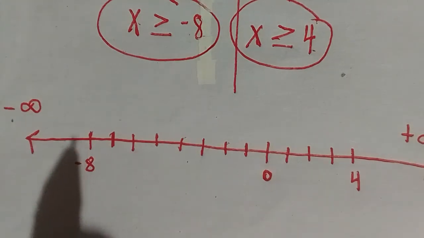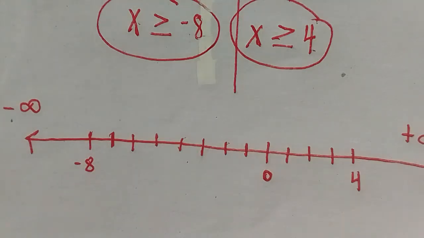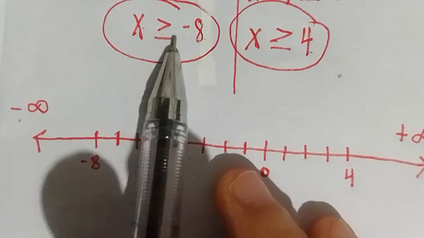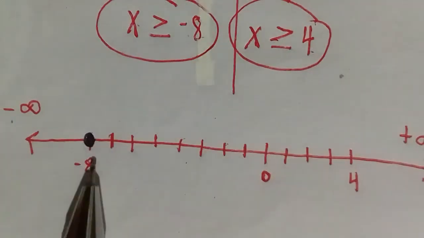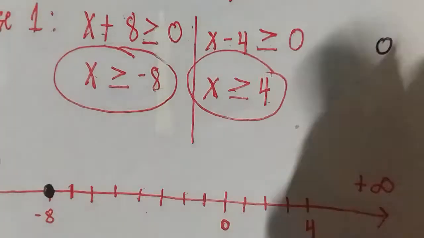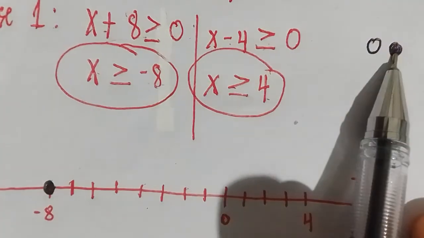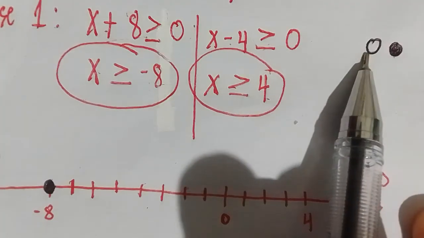Since we are locating, we need to decide what to use. Will you use hollow or solid? Since there is an equal to below, we will use solid. Solid when locating the point, meaning the center is shaded. This one is hollow, this one is solid.